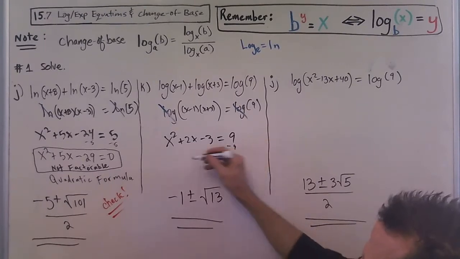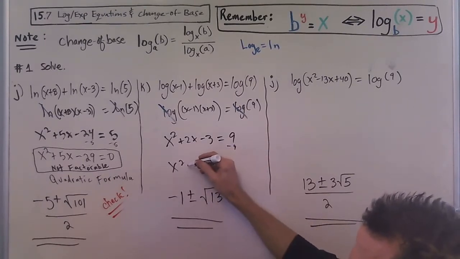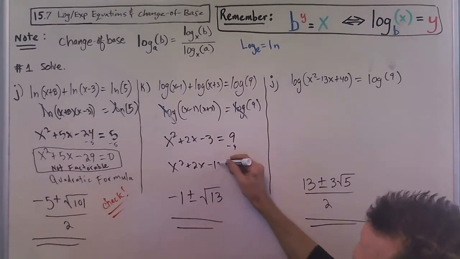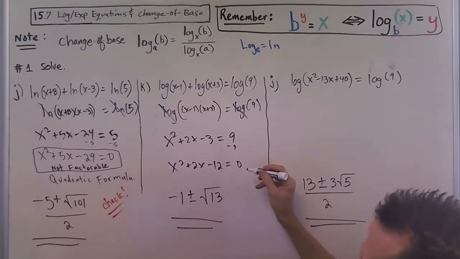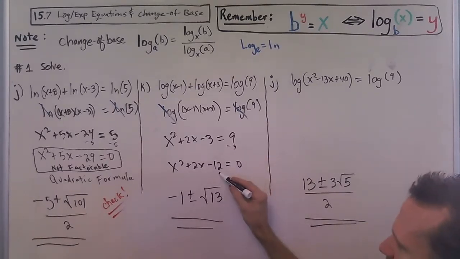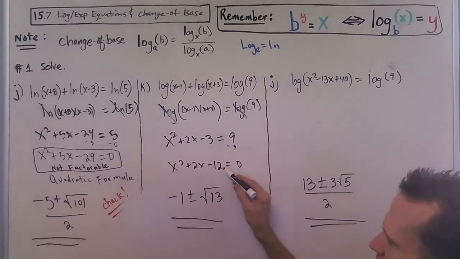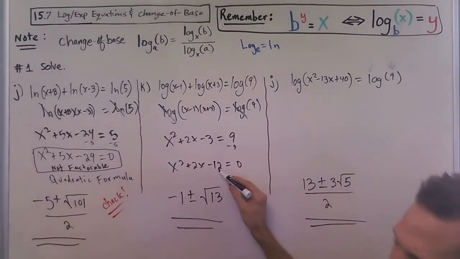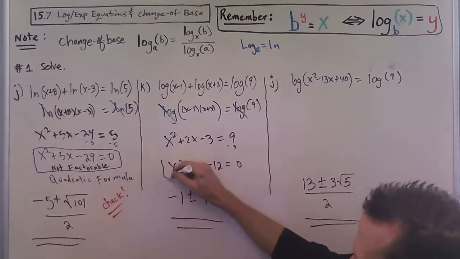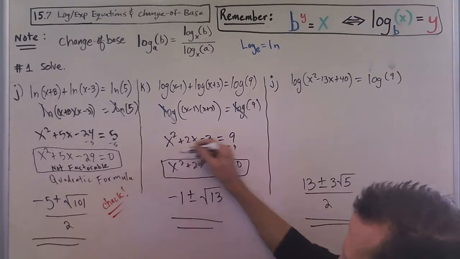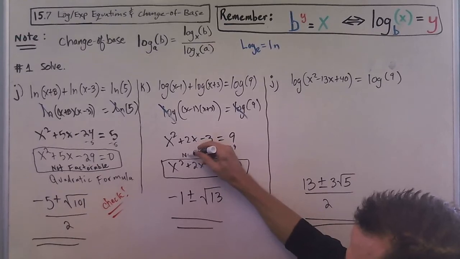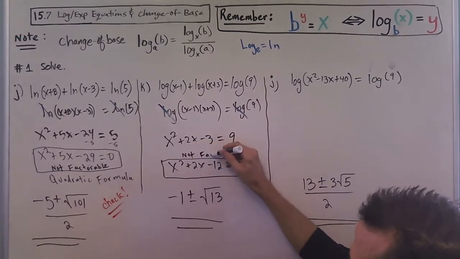Subtracting 9, we get x squared plus 2x minus 12 equals 0. First instinct is that this is factorable, but if you mess around with it a little bit, it's not factorable. And so again, we'd have to go to the quadratic formula.